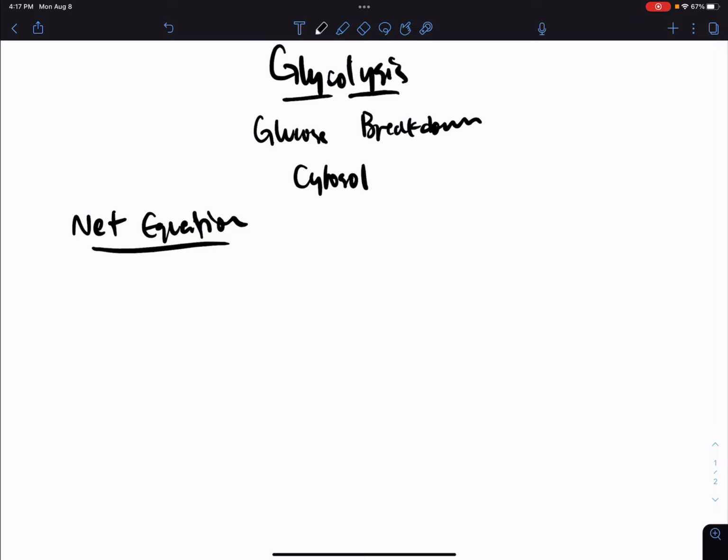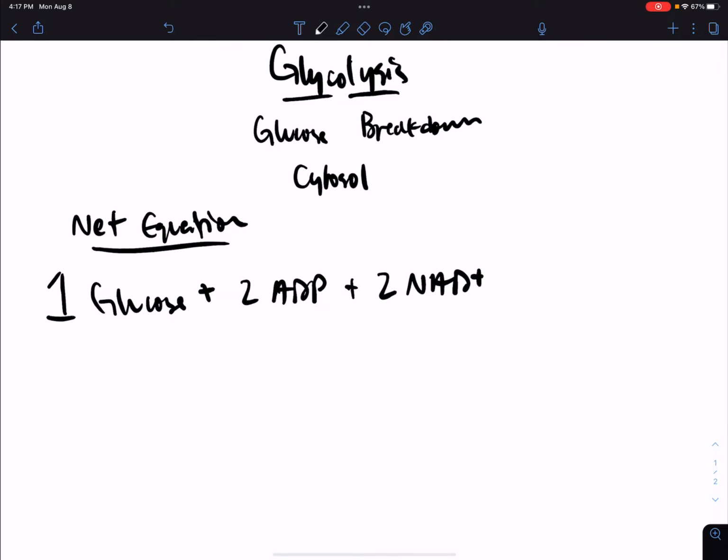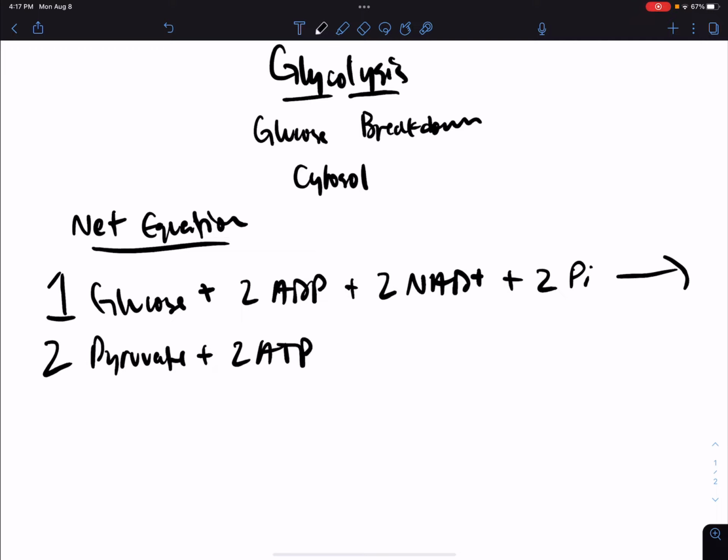It is the following: 1 glucose plus 2 ADP plus 2 NAD plus 2 inorganic phosphate, and those go into 2 pyruvate plus 2 ATP plus 2 NADH plus 2 hydrogen ions and 2 water molecules.